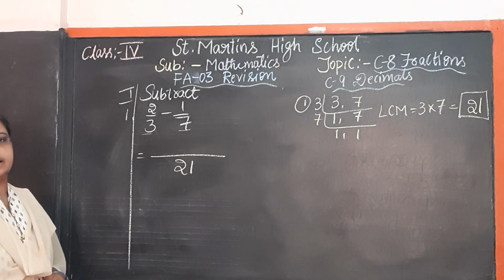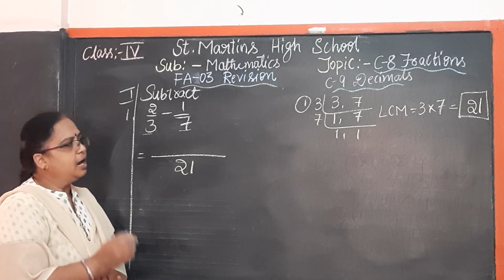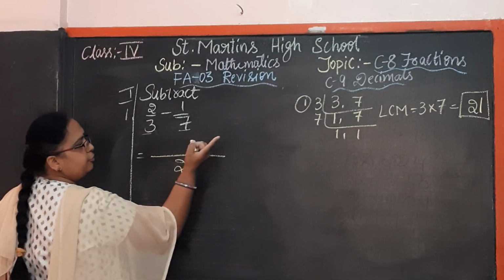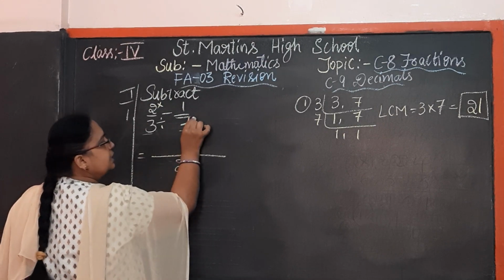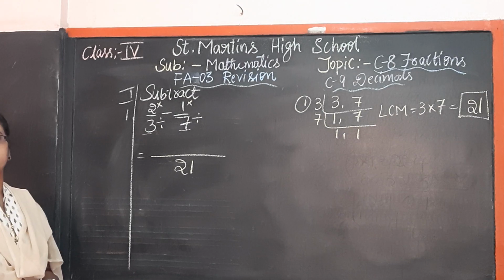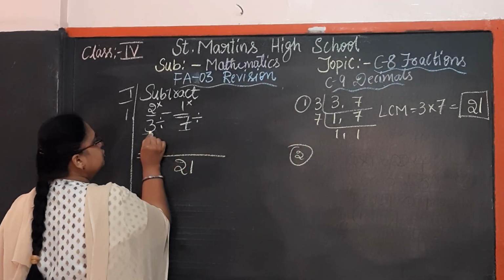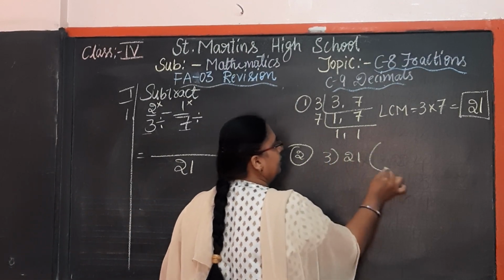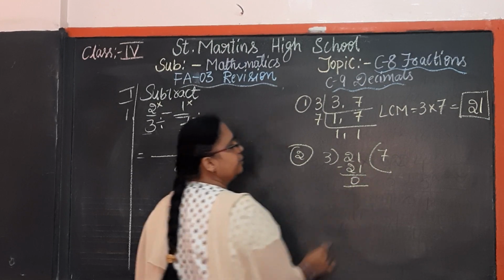The LCM is 21. Next, first step, you know that we have to take LCM and we got the answer as 21. The second step. In the second step, we have to divide the LCM by 3 and multiply it by 2. And in the third step, we have to divide by 7 and multiply by 1. The second step we are doing here, that 21 should be divided by 3. 3 sevens are 21. 21 minus 21, 0.